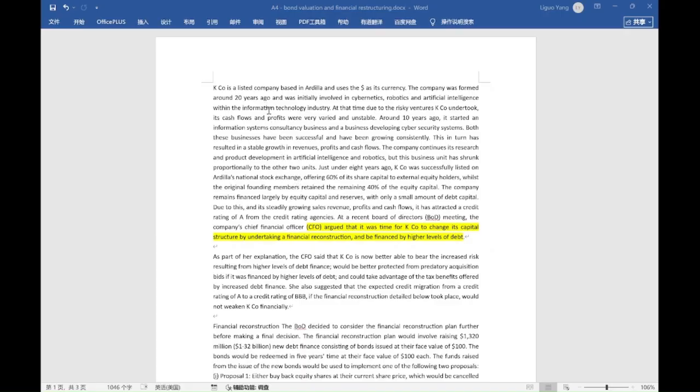So here we go. To begin with, I will show you how to make the bond valuation in an effective and efficient fashion by using an Excel spreadsheet.